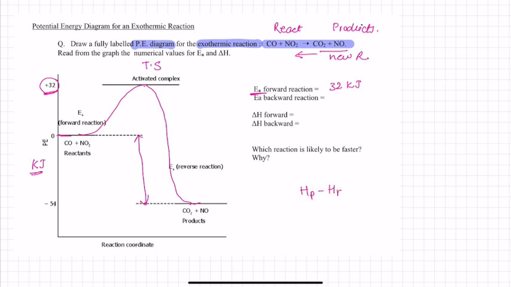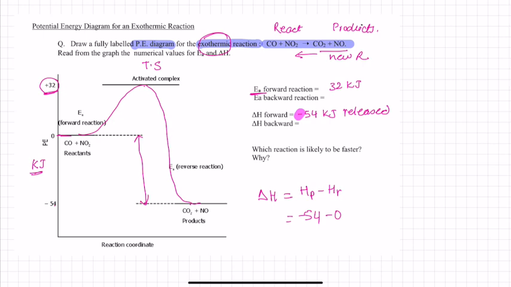So H products minus H reactants. That is delta H, which is negative 54 minus 0. So my delta H is negative 54 kilojoules. The negative is saying that this is the amount of energy released. So this is an exothermic reaction, which they had already told me.